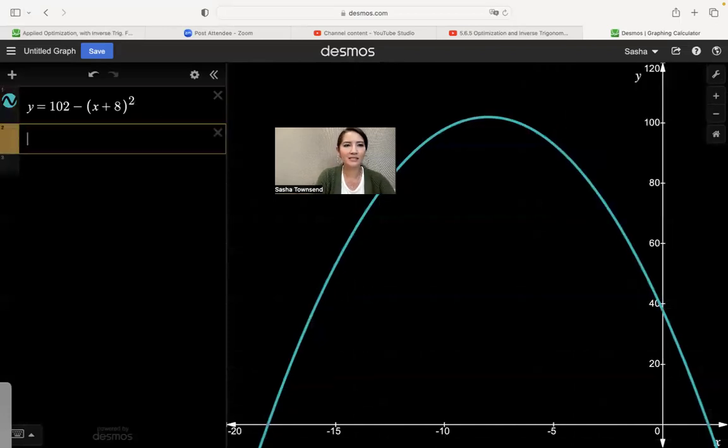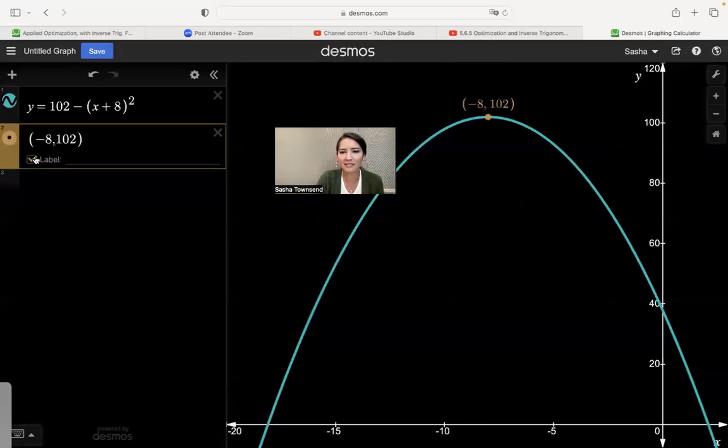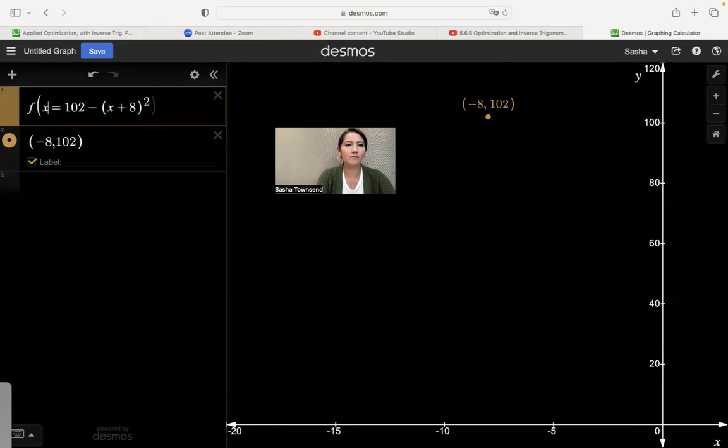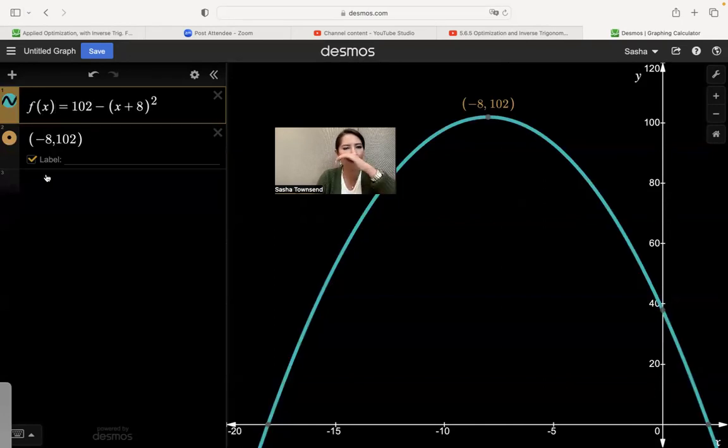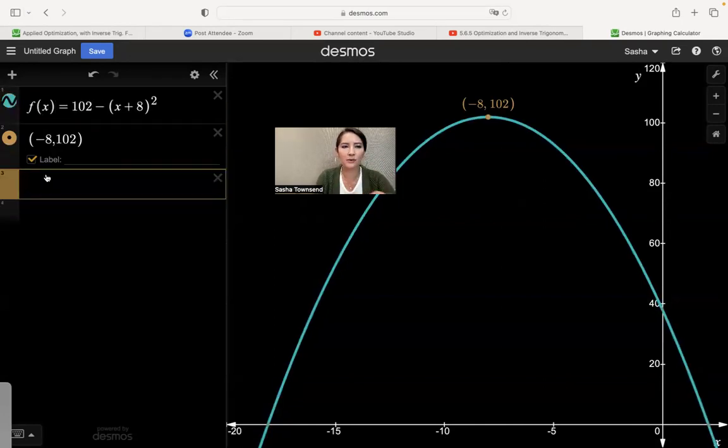Well, we know that that parabola has a vertex at x equals -8, y equals 102 from our studies of precalculus. Let's call this f of x. We know that the function is 0 when x equals -8 plus or minus the square root of 102. So we'll have -8 plus the square root of 102.